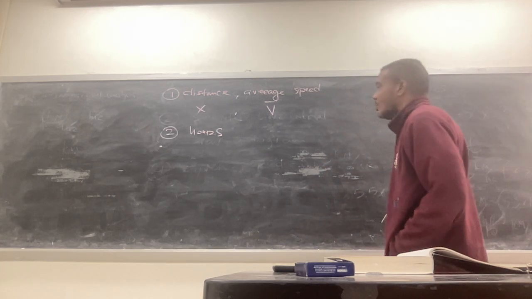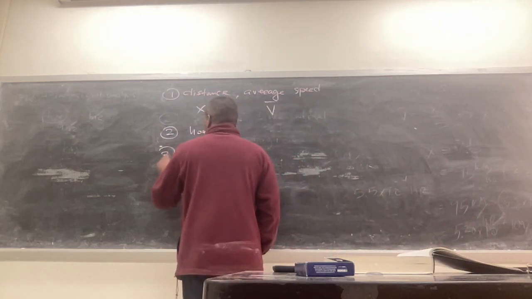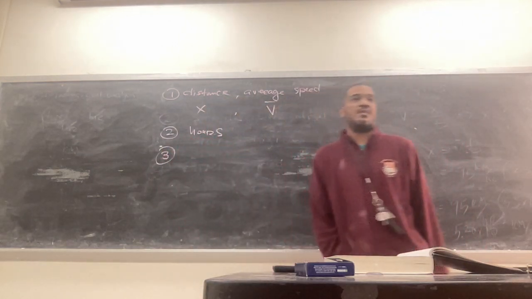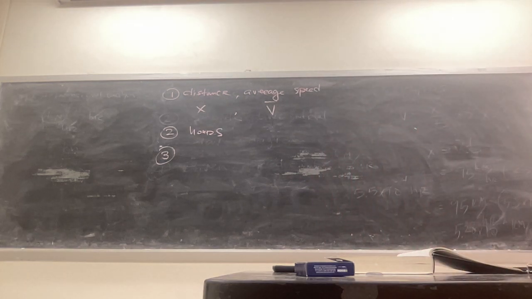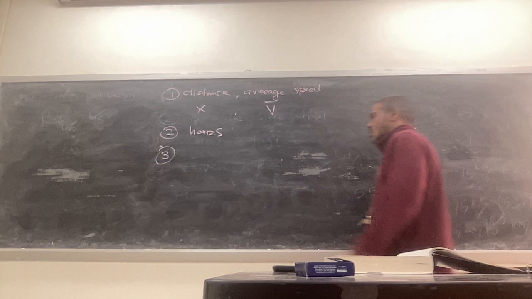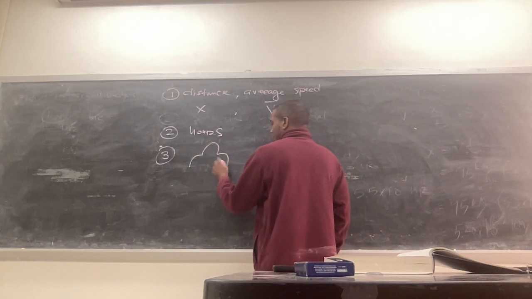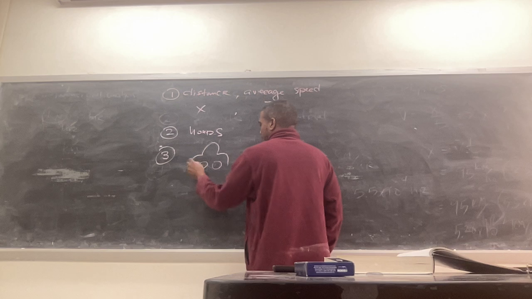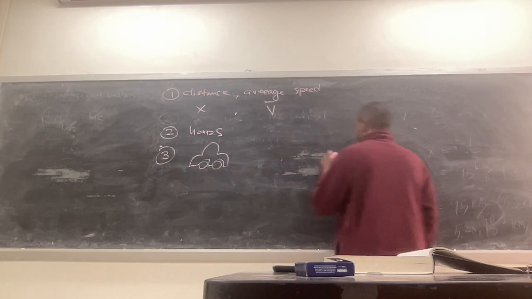All right? So, let's see. Step 3. What's step 3? Diagram. Right? So we could draw a little car.